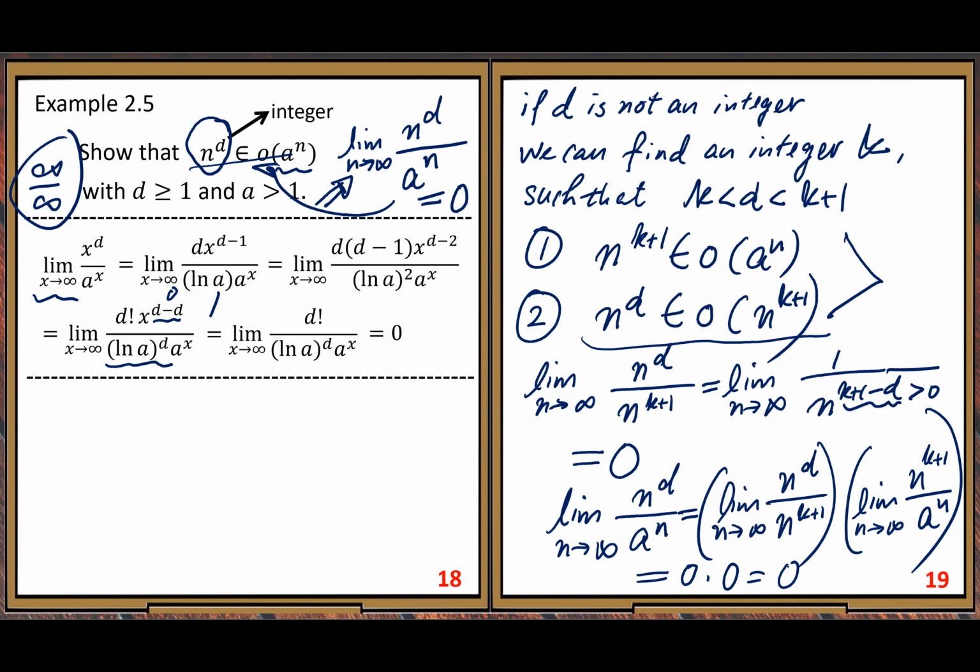Because d is not an integer, how do you define factorial? So that's why we try to avoid L'Hopital's rule, because we don't know where to stop, right? There is no factorial, so we don't know when to stop.